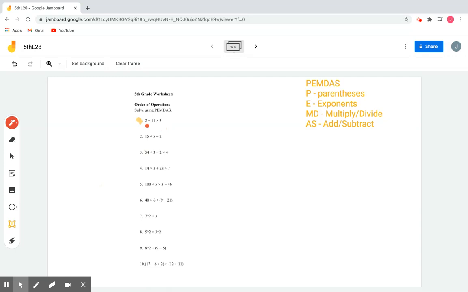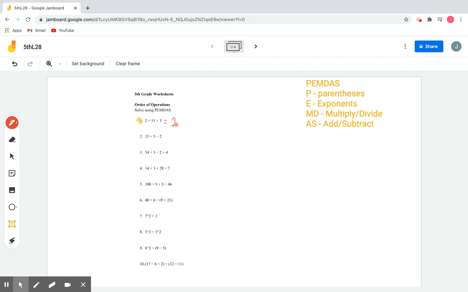Let's look at number 1. We have 2 plus 11 times 3. So we have both addition and multiplication. And according to PEMDAS, we're going to solve the multiplication first, and then we're going to add, okay?